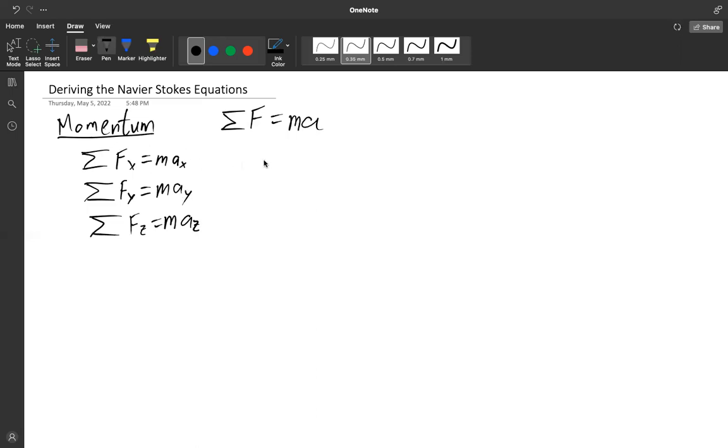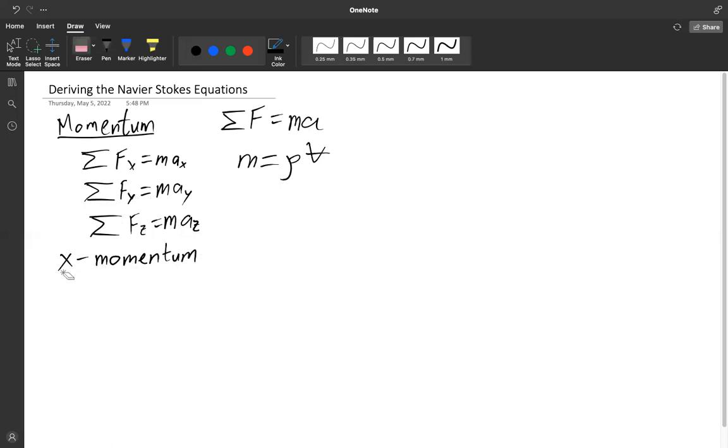I would like to note that m equals the density times the volume. For now, we'll just be focusing on the x momentum and deriving the x momentum equation. The y momentum and z momentum will have a very similar approach.